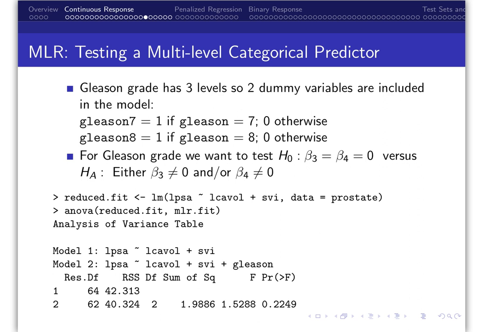That is, we want to test whether the set comprised of Gleason 7, Gleason 8 is associated with log prostate-specific antigen, controlling for log cancer volume and seminal vesicle invasion. The ANOVA function performs this test for us. In this case, the p-values indicate Gleason grade is not significantly associated with log prostate-specific antigen.